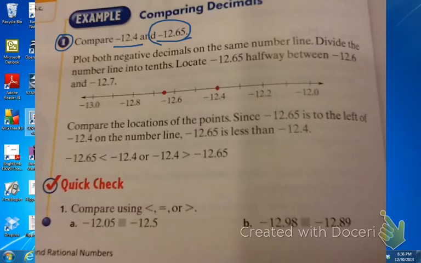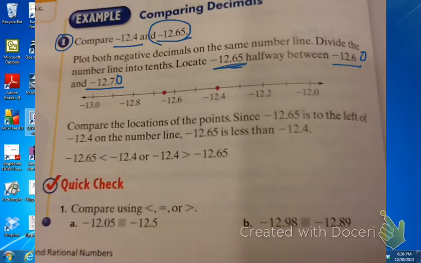Plot both negative decimals on the same number line, divide the number line into tenths, and then you're going to locate negative 12.65 halfway between negative 12.6 and negative 12.7. If that doesn't make sense, just think of this as adding the 0 on the end of this one and this number, so it becomes negative 12.60 and negative 12.70, and what goes in between there halfway?